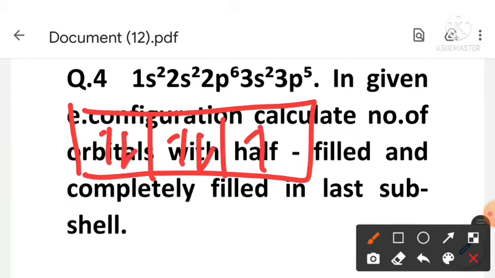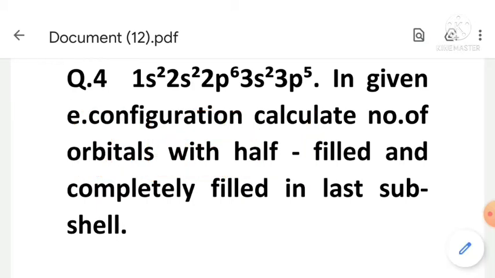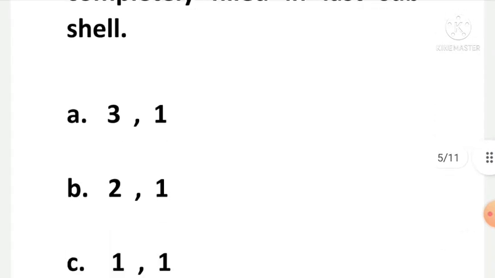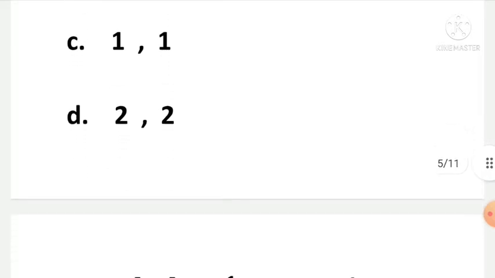So we have to write in this way, and now you have to observe the completely and half filled orbitals. Now you have to select the correct answer. Here A 3 and 1, B 2 and 1, C 1 and 1, D 2 and 2. So you have to select the correct answer.